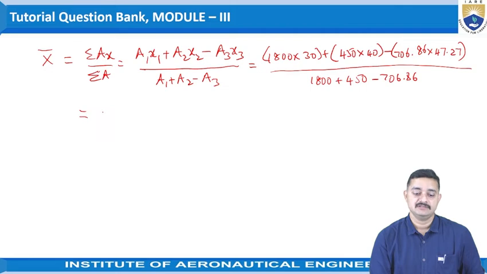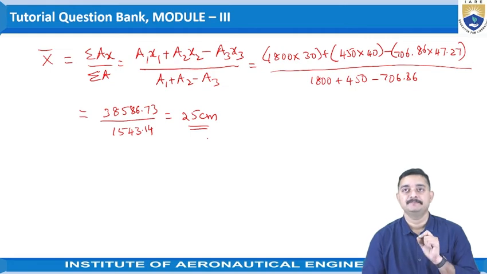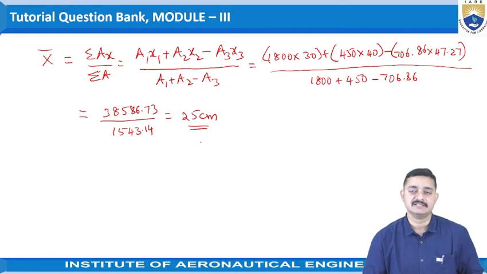So when you solve this, you will get the value as 38586.73 by 1543.14. So that is 25 centimeters. This is the x coordinate of the centroid of the given complex lamina.